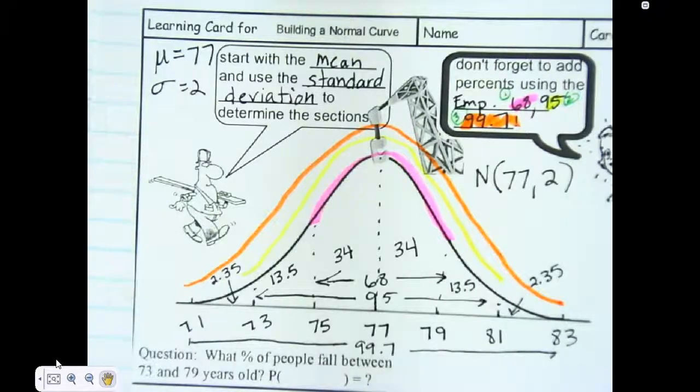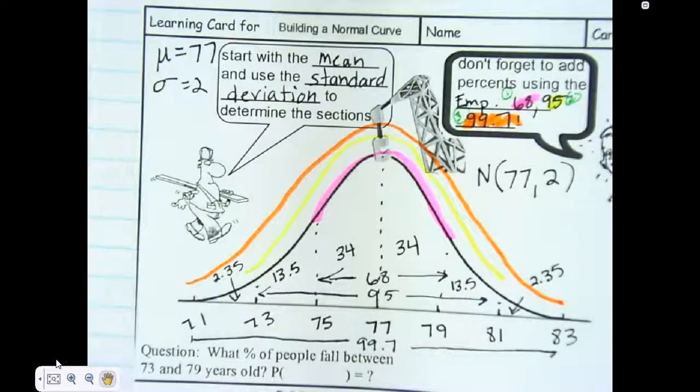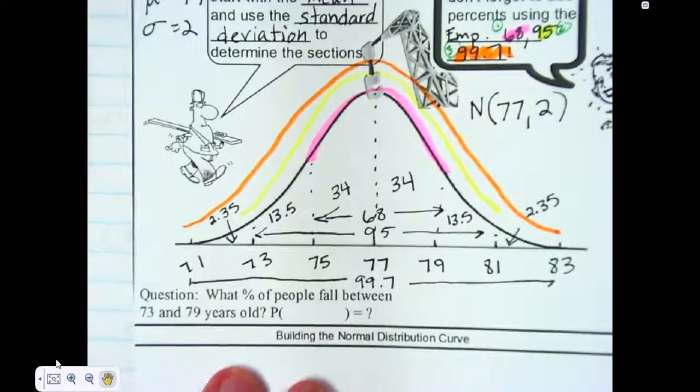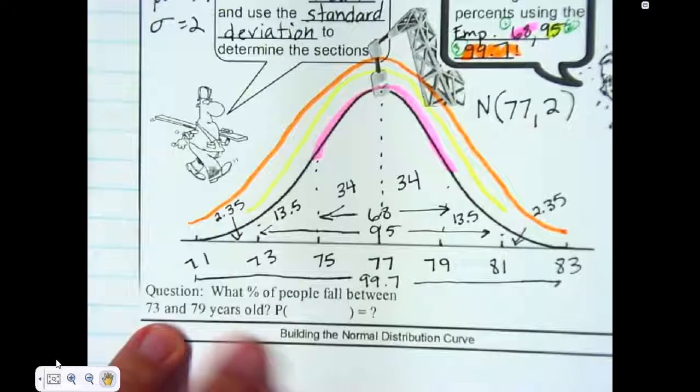So what we have here is a picture of the empirical rule. I would recommend drawing this curve anytime you're given a mean and a standard deviation and you know the data is approximately normal. Now we have a question to go with it. What percent of the people fall between 73 and 79?